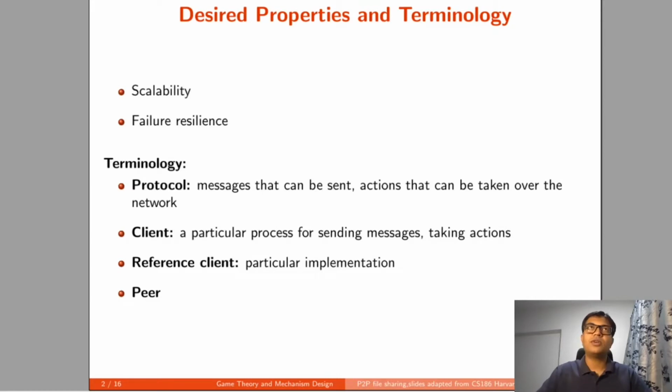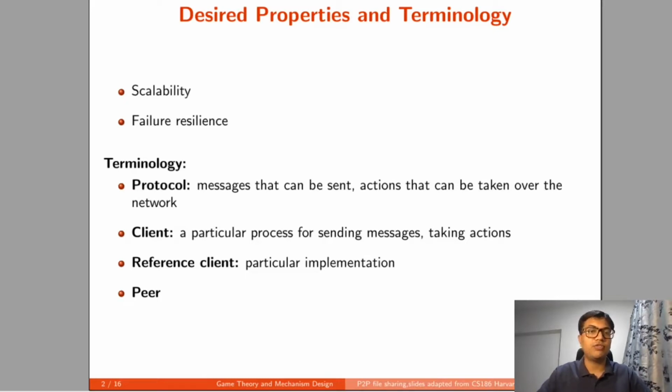In this slide, we are going to look at some of the advantages of using peer-to-peer file sharing and some terminology that we'll be using in the rest of the module. The advantage, as we have said, is that if the number of users increases, that also increases the number of servers, and therefore it is scalable. The download rate is not seriously affected if lots of users are trying to download files.